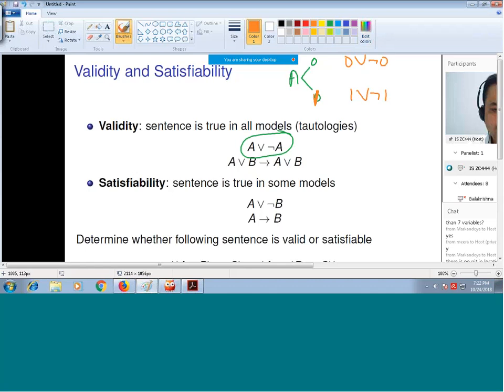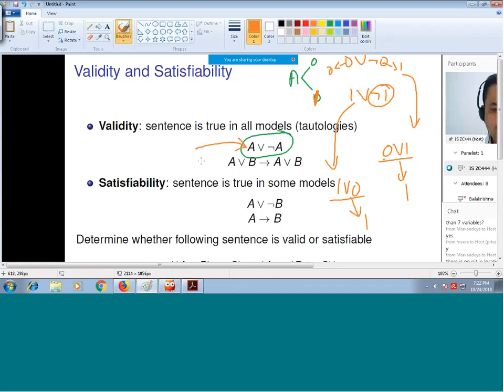So you can see that not of 0 is 1, and therefore this equation comes out to be 0 or 1. And similarly, the other becomes 1 or 0, because not of 1 is 0. 0 or 1, or 1 or 0, both are going to give you 1. So therefore this statement is always true.